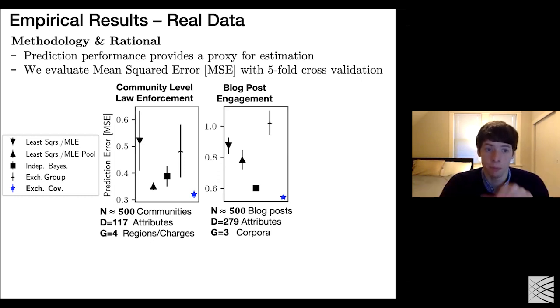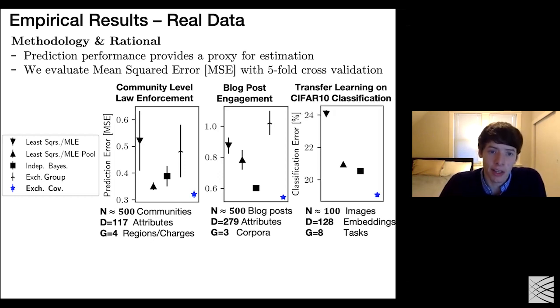We do this with data and posts split across 3 different corpuses. And again, the story is basically the same, although the ordering of which other estimates perform well is variable. So it's important to note that depending on the application, what works well between pooling or not pooling can differ.